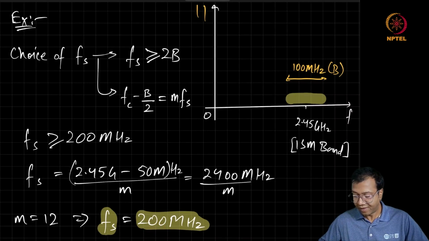And once you have digitized this entire 100 megahertz band with the help of 200 megahertz sampling operation, we can do the further channel selection with the help of digital filtering.